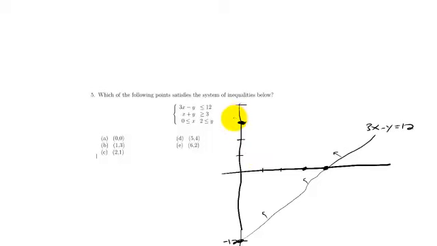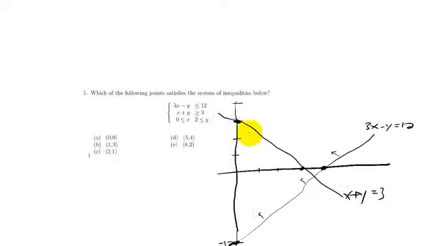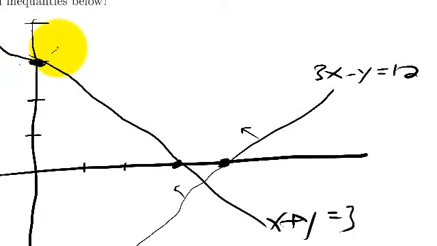It's very hard to do this on a pen tablet. Yeah, I made it. Awesome. So this is x plus y equals 3. And when I shade, if I pick the origin, 0 plus 0 is not greater than 3, so I do not shade towards the origin, and I will be shading in this direction.